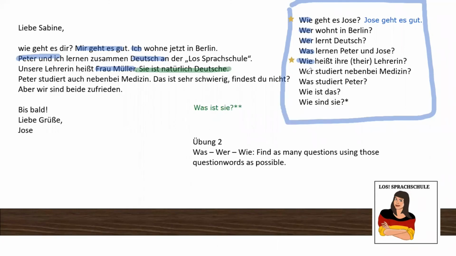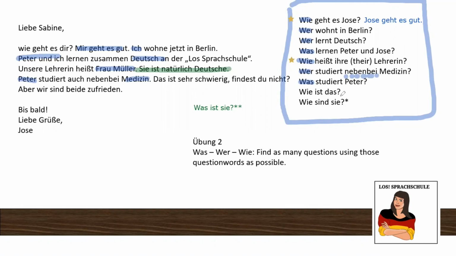Wer studiert nebenbei Medizin? Who studies also medicine? Nebenbei means on the side or while doing something else. Answer. Peter studiert auch nebenbei Medizin. Was studiert Peter? Er studiert Medizin.